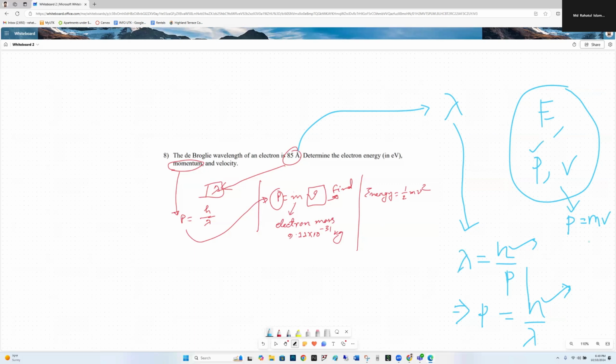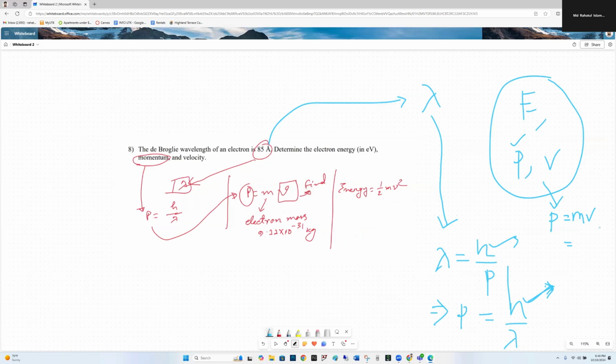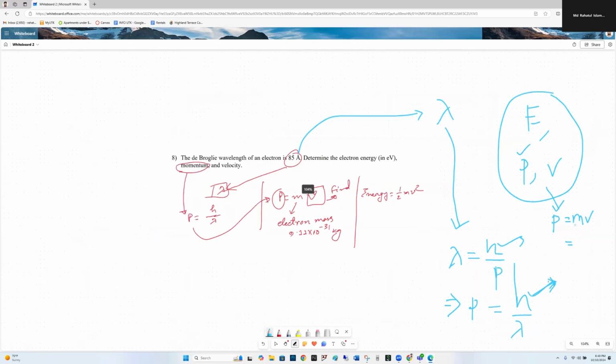So we have p already calculated from the first part of this calculation, and we have to calculate the v. And this is an electron, we know the mass of electron, which is 9.11 into 10 to the power minus 31. So if we plug them in, then we will get the value of v. Okay, we have got p, we have got v.